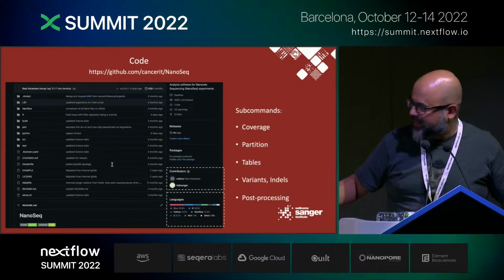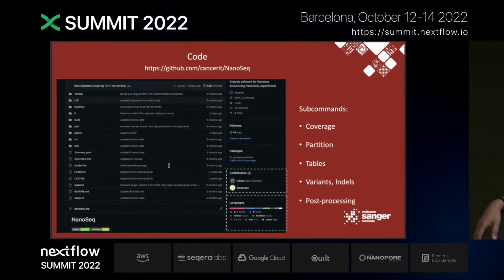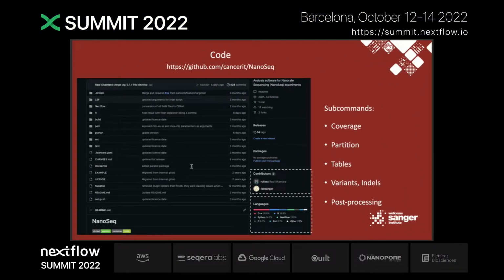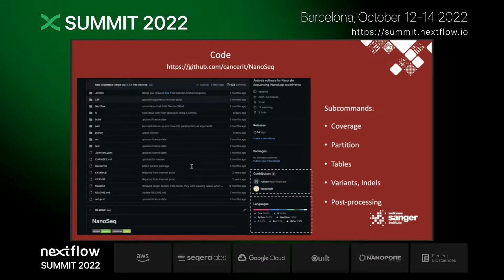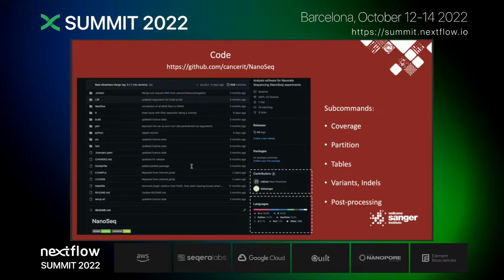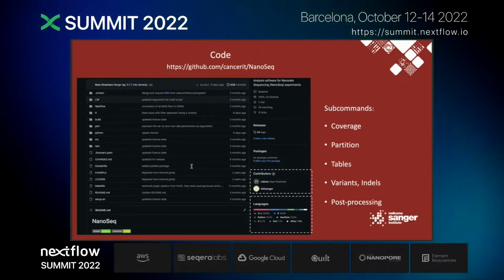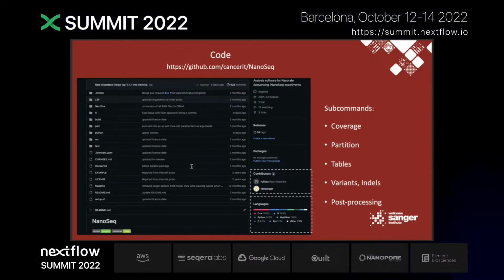Another thing is that it's a very diverse set of programs, ranging from C++, C, R, Python, Perl. So the first thing I did was write a wrapper for all of these, so the analysis would be simplified. You can see it's run by a series of subcommands on the right side.